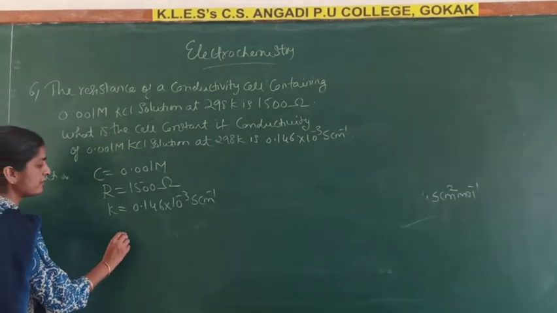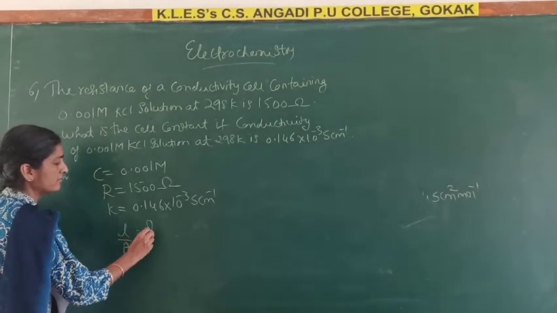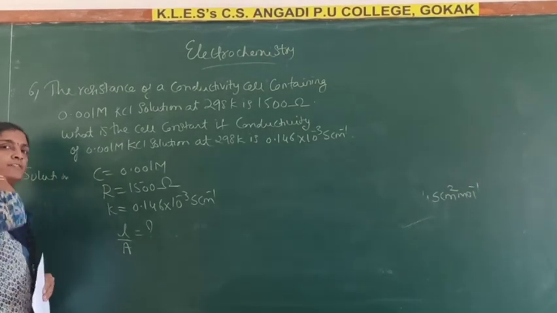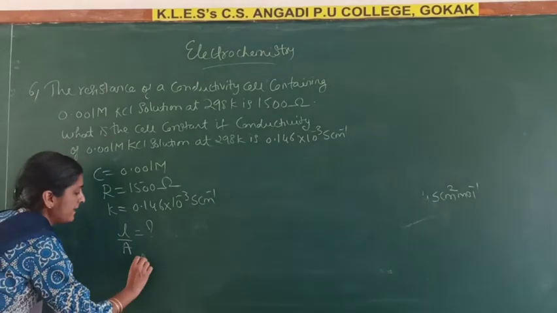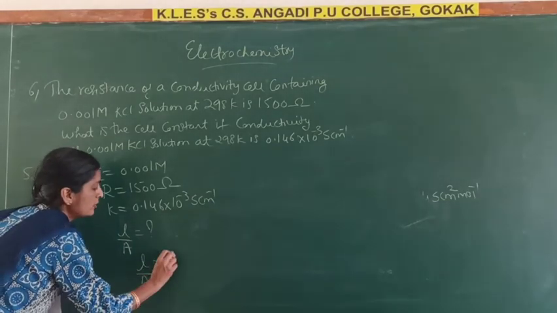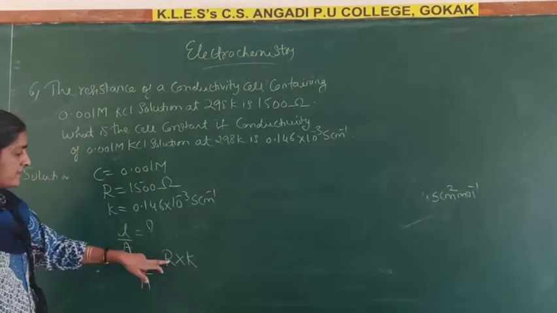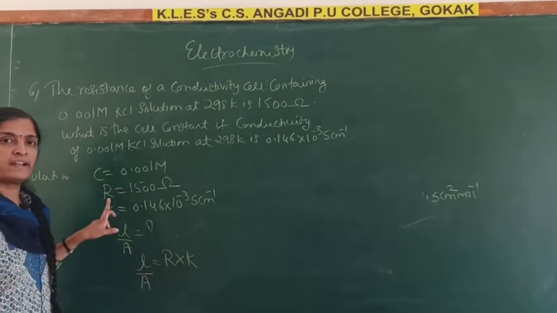Cell constant is given by L by A. L by A is known as the cell constant. There is a formula for finding the cell constant: L by A is equal to R into kappa, where R is the resistance and kappa is the conductivity.